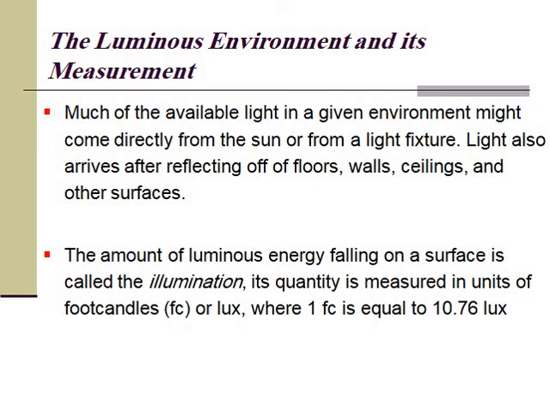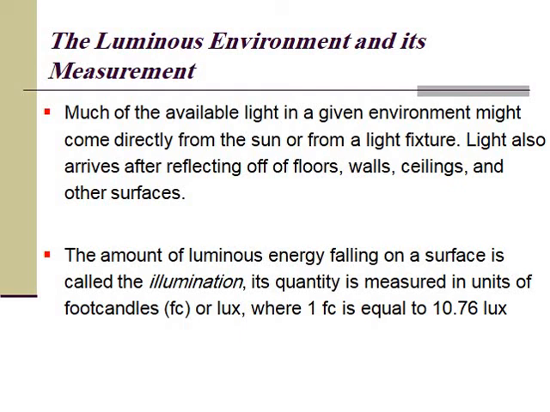In any work environment, the light can come directly from the sun or from a light fixture. Also, light can arrive after reflecting off floors, walls, ceilings, and other surfaces. So, the amount of luminous energy falling on a surface is called illumination.